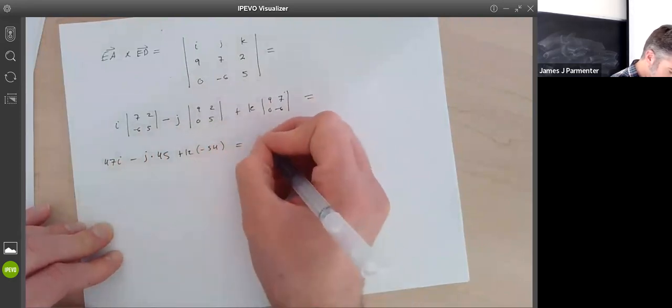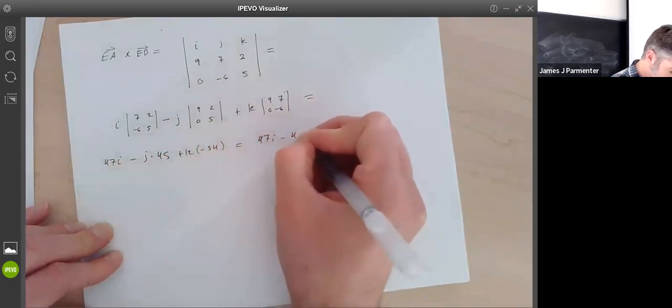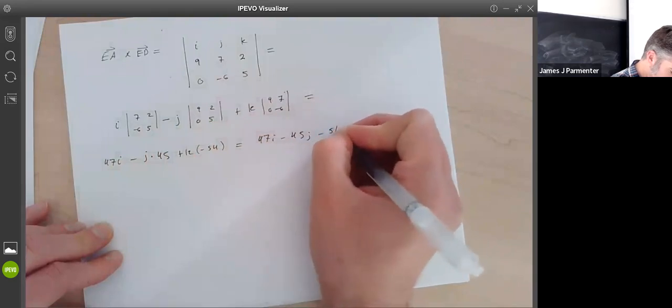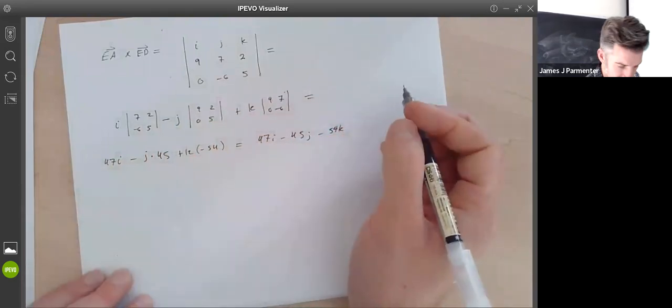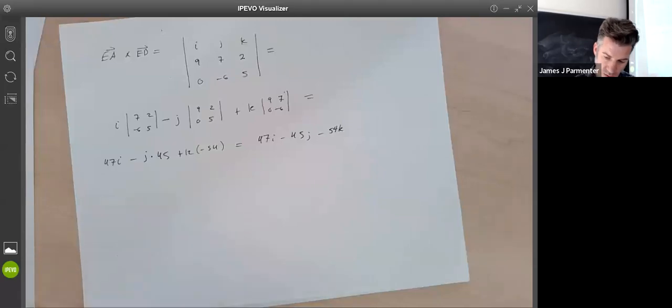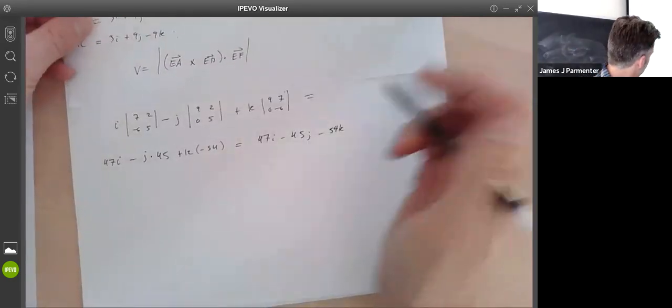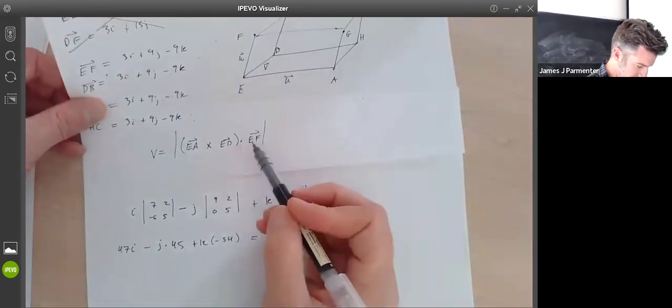So we get the vector 47i minus 45j minus 54k. And then we're going to take that vector and dot it with our EF.